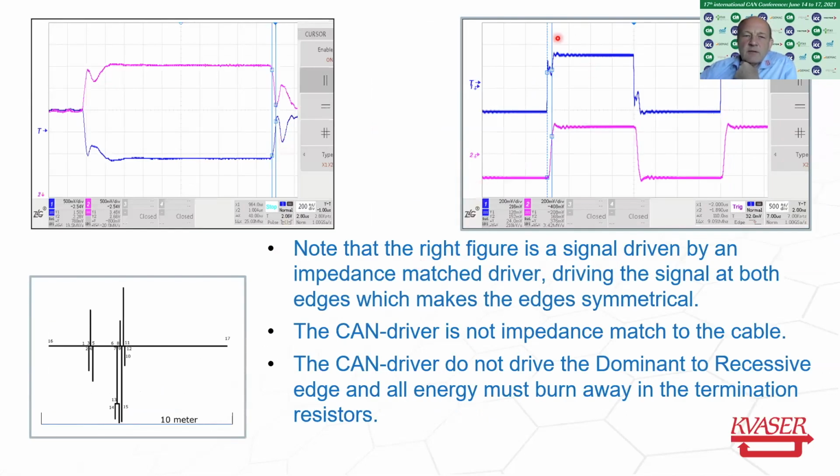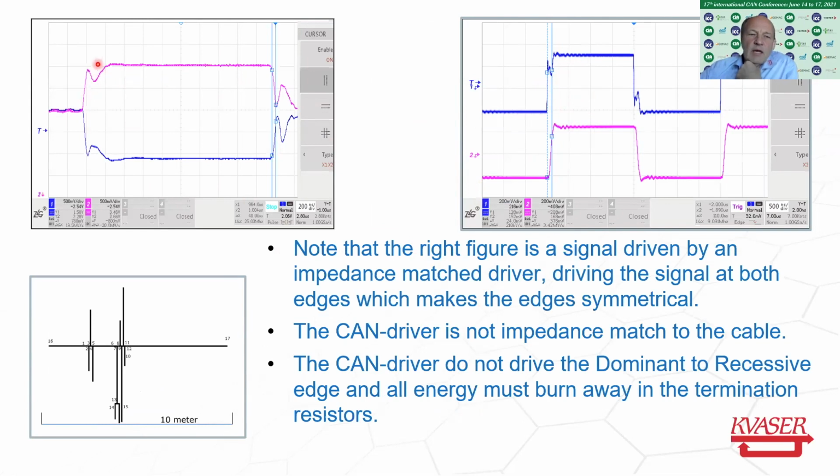So what happens here is that this is the signal you get when you have a perfect impedance match at both ends, and this is the real signal that you have with the CAN driver. This is a high slew rate, and here the CAN driver is not 5 nanoseconds, it's more like 20 to 30 nanoseconds.